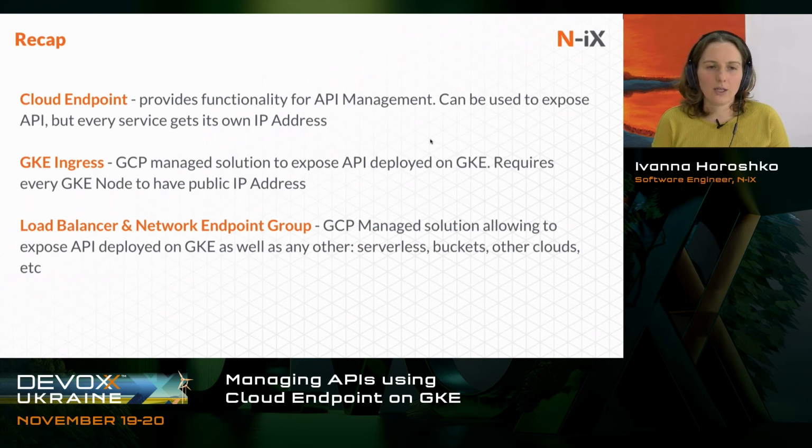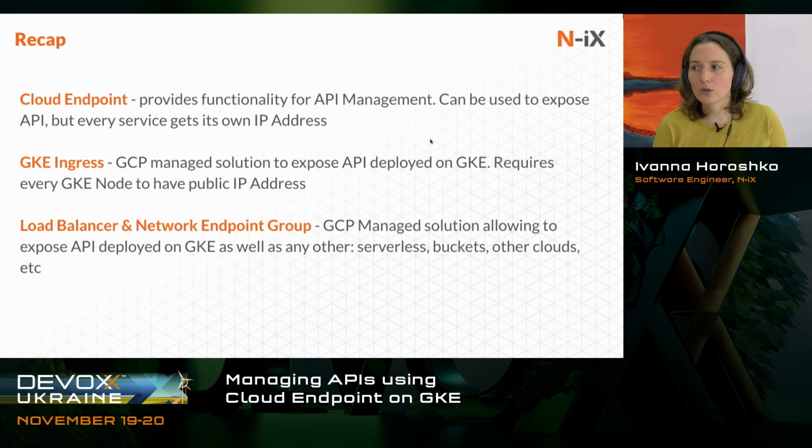If you're not okay with that, there is the GKE Ingress. It's a GCP managed solution to expose APIs deployed on the GKE. It's a feature of the Kubernetes cluster. I know a lot of people use it, and it's completely fine. You need to understand that GKE Ingress is just an implementation of this Kubernetes feature provided by Google.